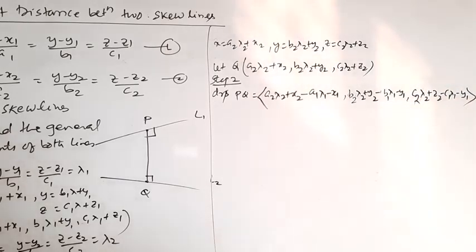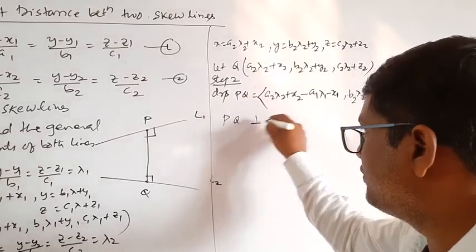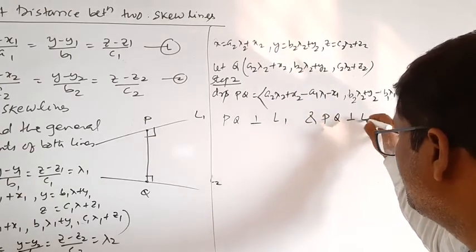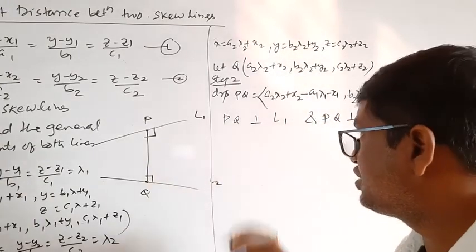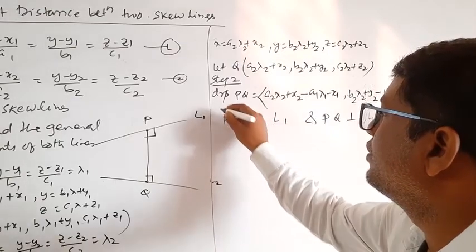This is PQ. PQ is perpendicular to both L1 and L2. This is step 2, and this is step 3.